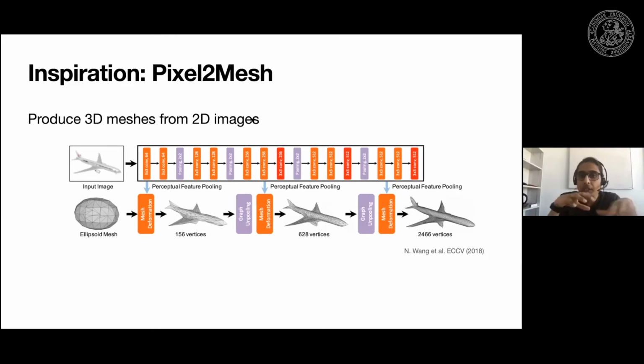But when I was going through the recent literature, I came across a paper which was called Pixel2Mesh. This is from a subgroup of people who work on the problem of trying to predict 3D measures from 2D images. So it has similarities, but it's slightly different. The 2D image is a photograph of some object. So it has lost some information because you project the 3D world to the camera sensor.